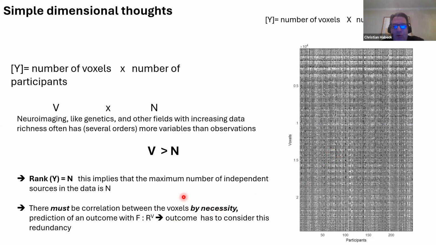That's necessarily true. After all, you can only pick n out of those, and then you get linear dependence, right? So most likely, if you come up with some prediction algorithm or classification, then this rank deficiency somehow needs to be dealt with. So that's the first argument. And this has nothing to do with connectivity. That's just dimensional, sort of dumb luck.